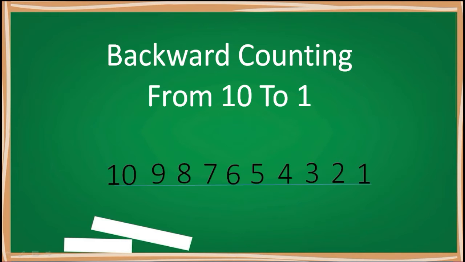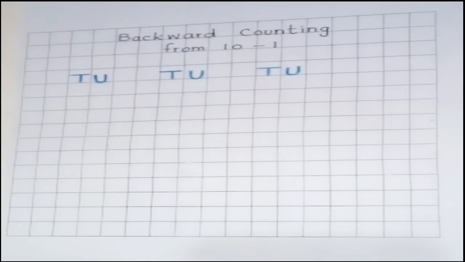What comes before 5? 4. What comes before 4? 3. What comes before 3? 2. What comes before 2? 1. So, when we write numbers from 10 in backward direction, we call it backward counting. Hope you understood, children. Okay, children, let's start writing.